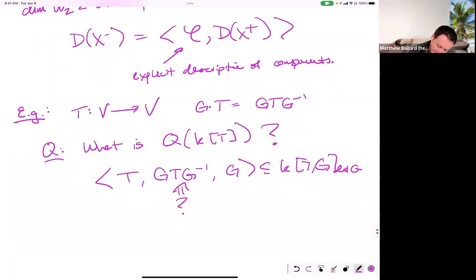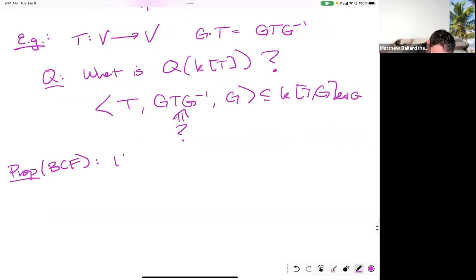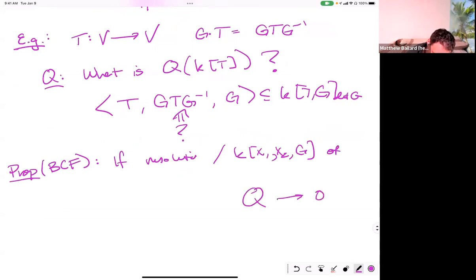And from that, can I deduce certain properties? Okay. And so here's a proposition. All right. So if I have a resolution, say over X1, X2, and this is in general, G of Q, right? I have a free resolution.